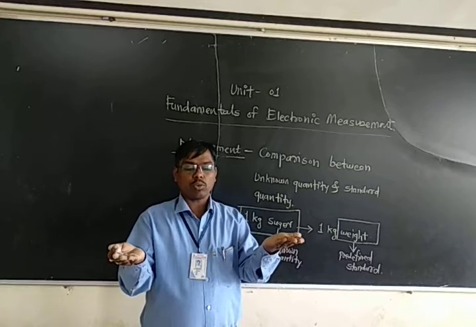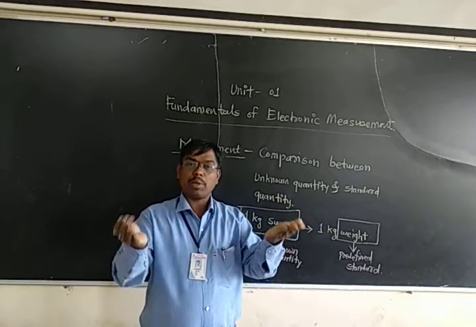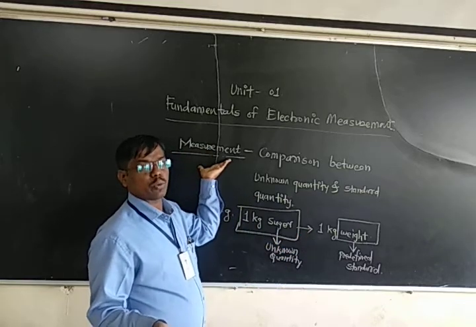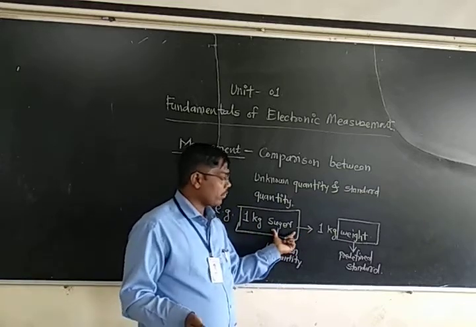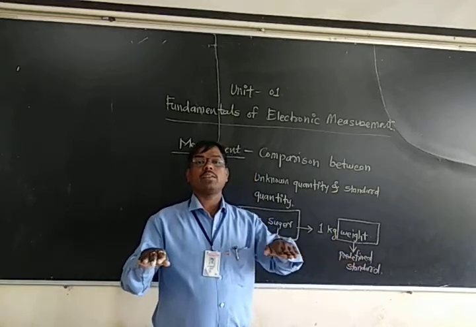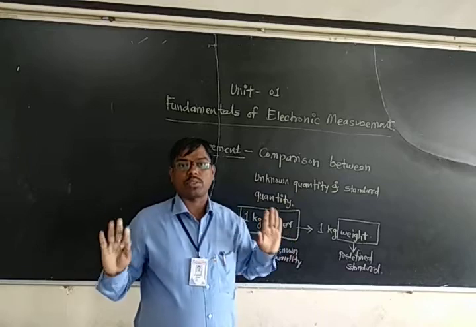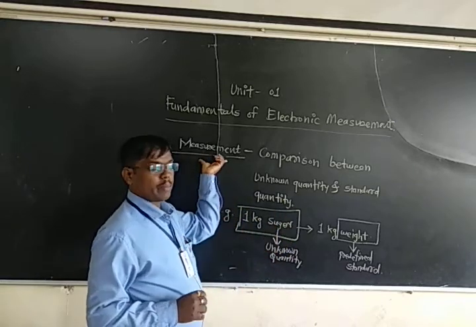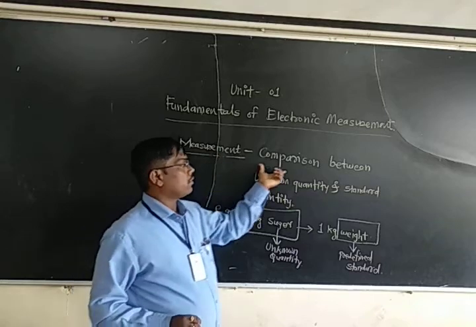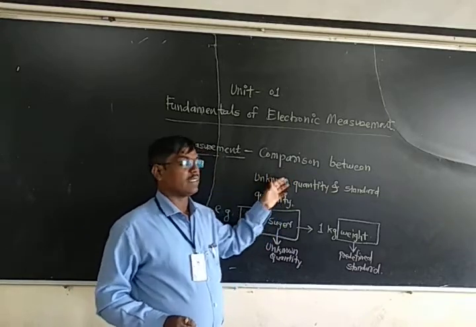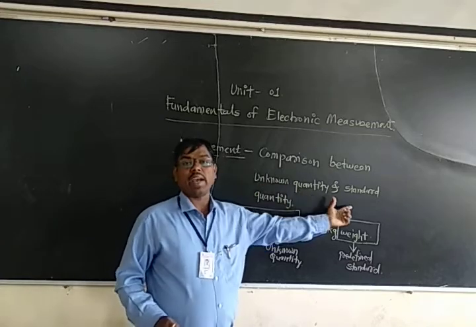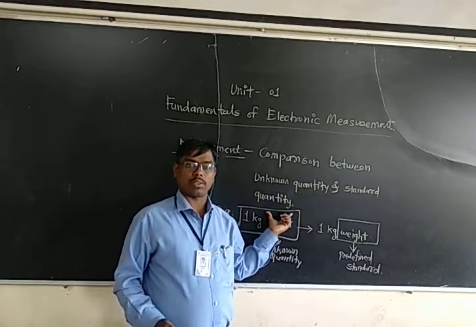In that process, the measurement is carried out. The measurement process is to balance 1 kg of sugar with 1 kg of weight. So the definition of measurement is the comparison between unknown quantity and standard quantity with each other.